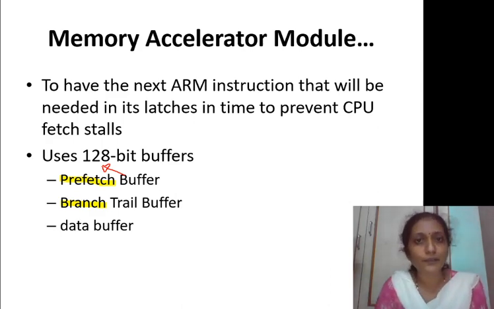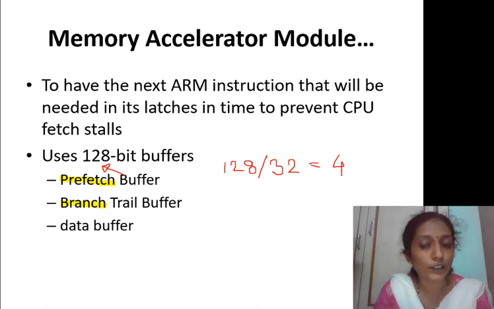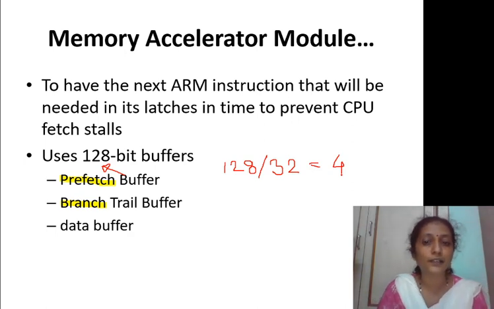So using a 128-bit buffer, you are getting 128 divided by 32, which comes out to be 4. Am I right? So you are fetching 4 instructions before time. You are fetching 4 data items ahead of time.